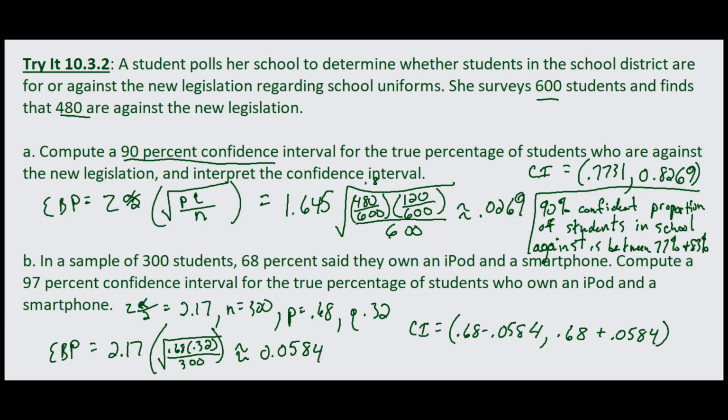And when we put that into our calculators or do it manually, we're going to end up with a confidence interval of approximately 0.6216 to 0.7384.